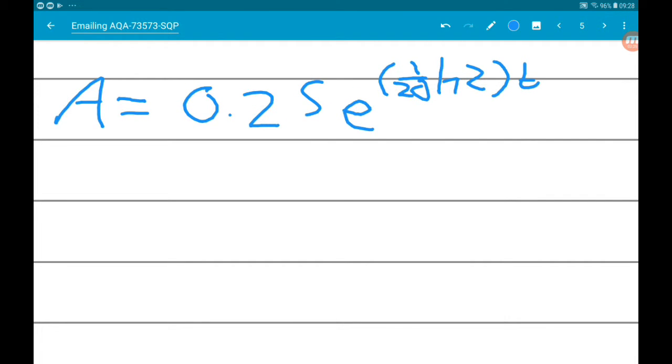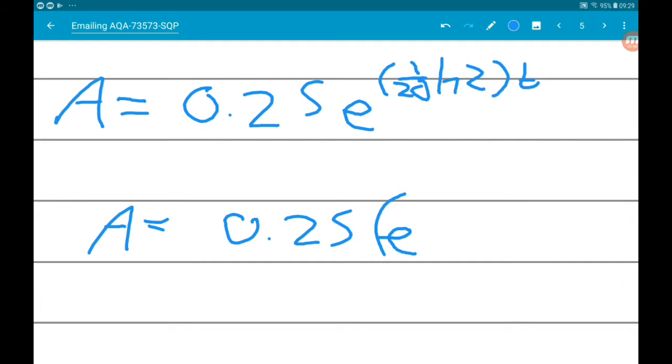Well, that power 1/20th log 2 is all multiplying together. So we could use brackets to split that power and actually eliminate the e and the log. So we could say that A is equal to 0.25 times e to the log 2 to the 1/20th, or to the t over 20.